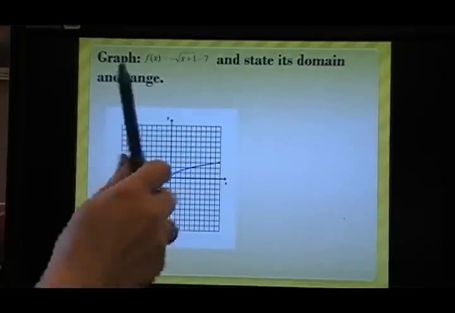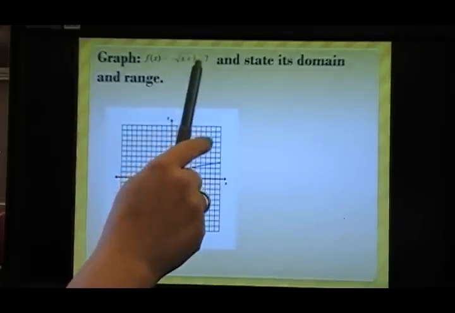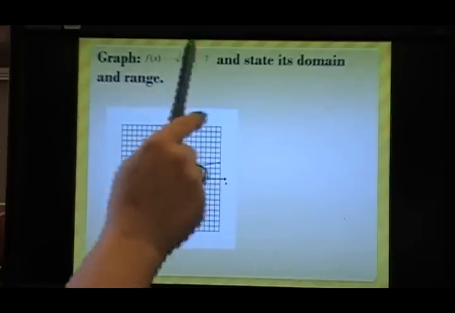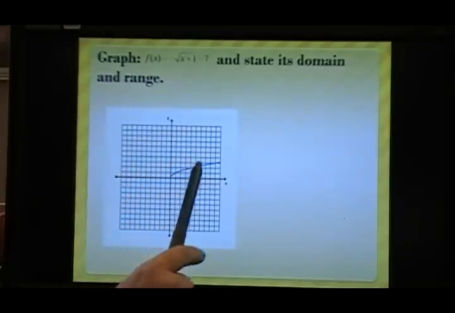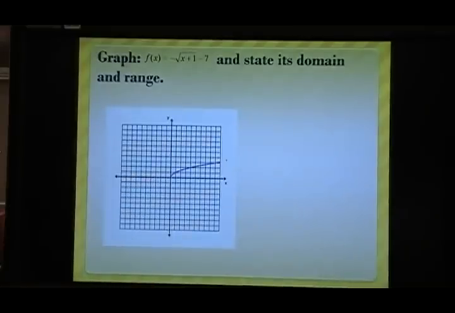We have another, so we want to graph this square root function. Because this is a square root function, I'm going to start with the basic square root function. So here is my g. Remember, we've got points at 0, 0, 1, 1, 4, 2, 9, 3.